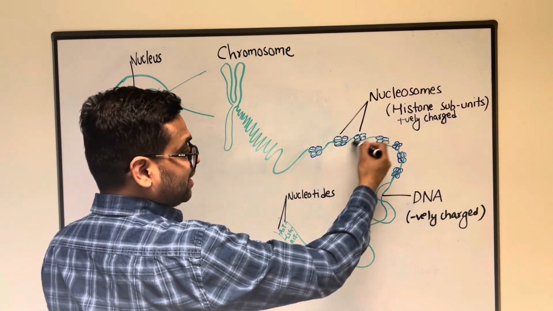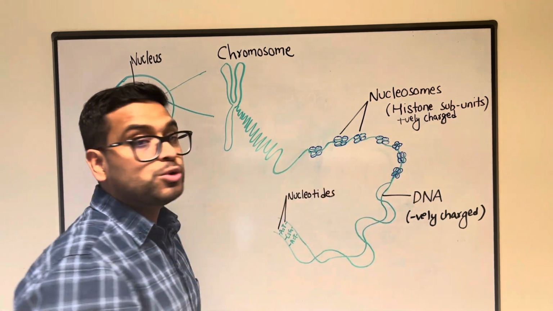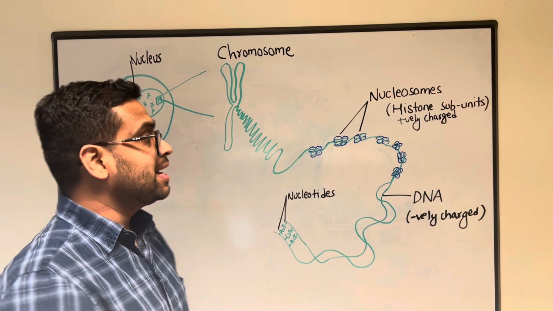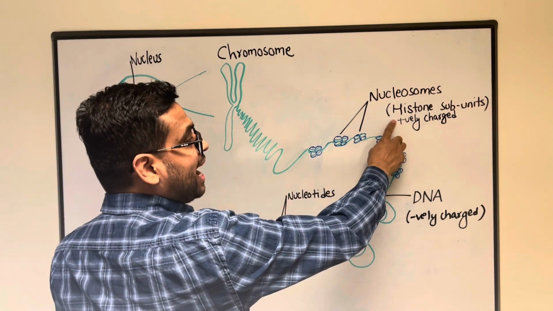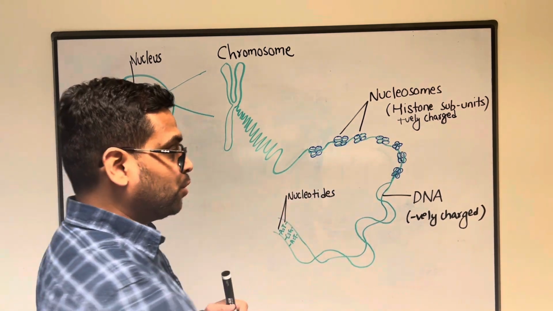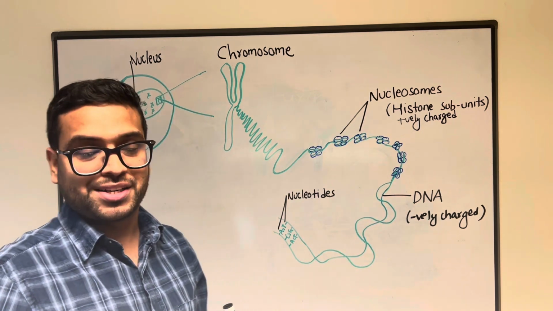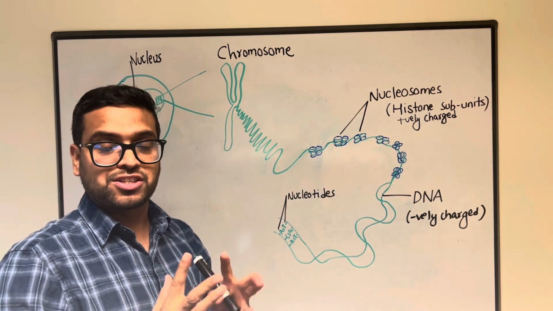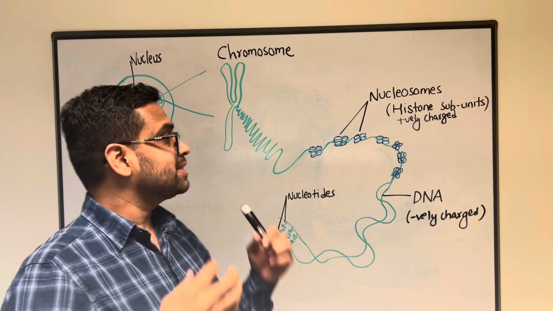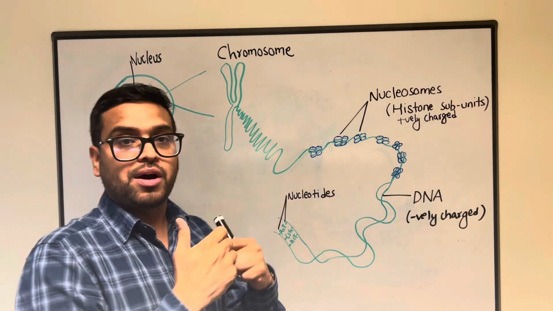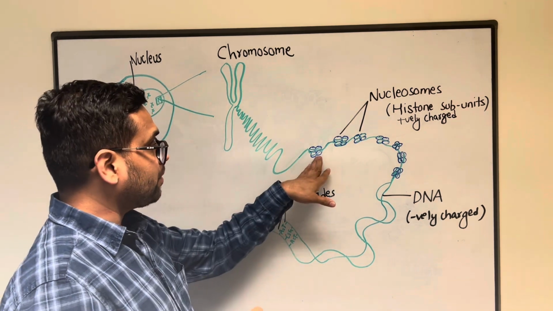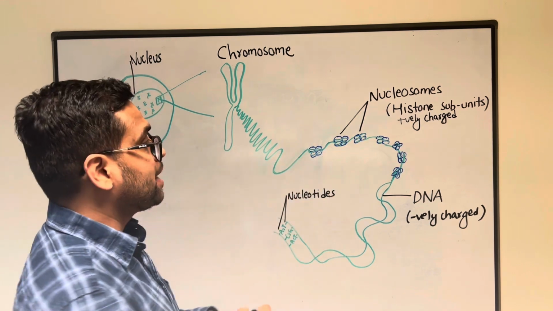In this DNA, there are proteins called histone proteins. Histone proteins are positively charged, and as we know, DNA is negatively charged. So the positive and negative interaction is what makes histones tightly wound up with the DNA.